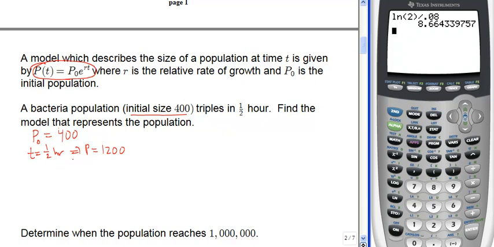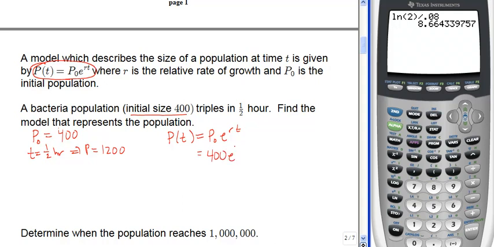So we're going to use that information, that T and that P, to substitute into this model so that we can try and figure out what the growth rate R needs to be. So here's our general formula. P of t equals P sub 0 e to the RT. I know what my P sub 0 is, it's 400.